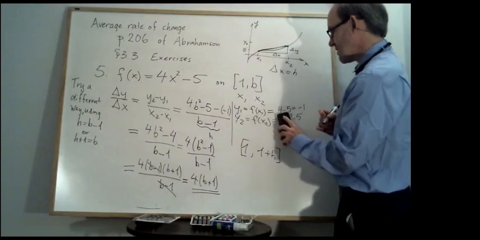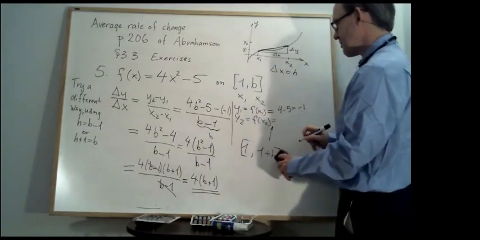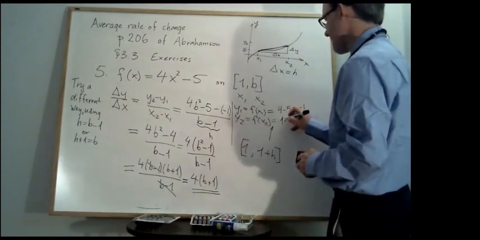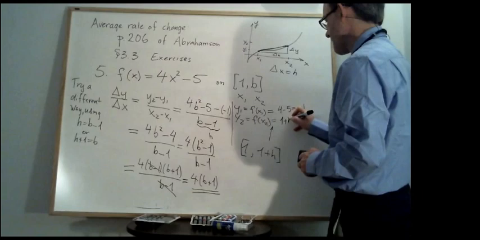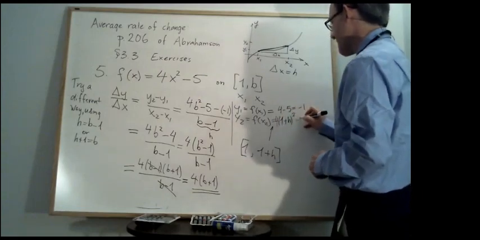This becomes 1 plus h into the formula. So with 1 plus h, we have to take 4 times that squared minus 5.